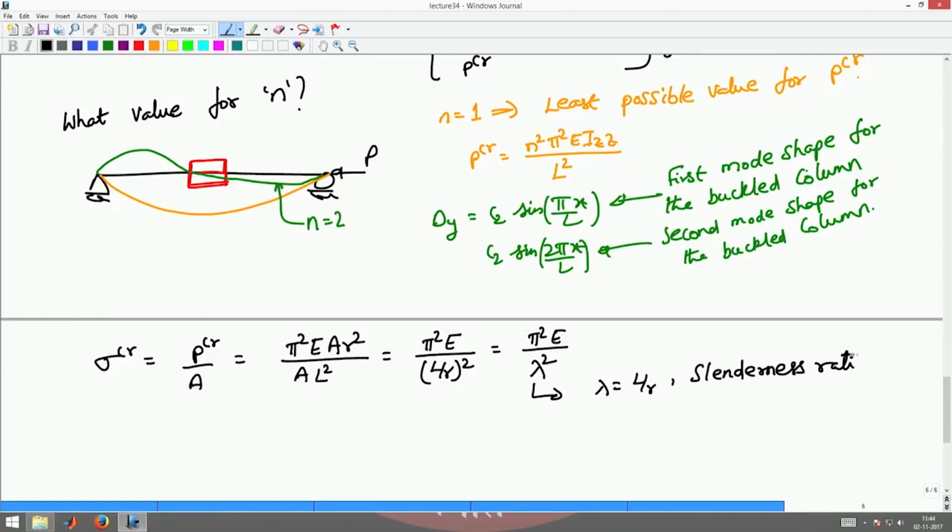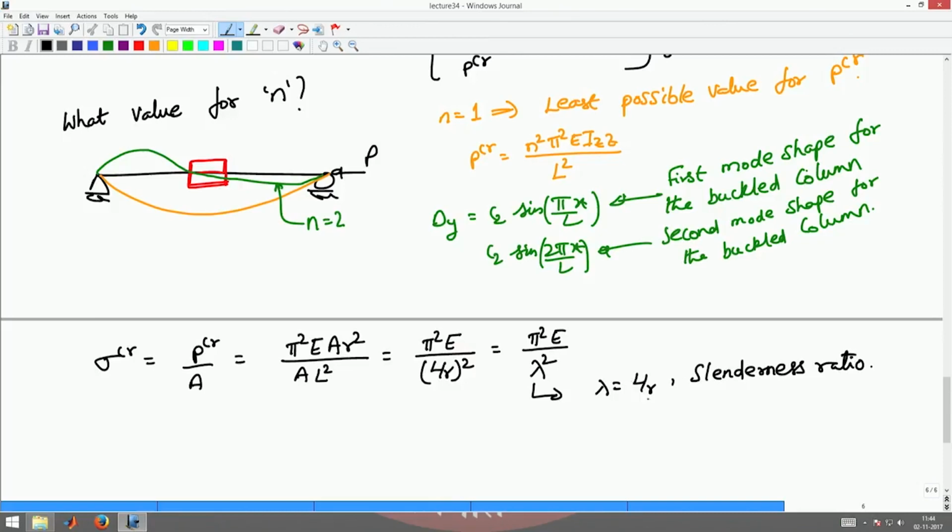I was telling you at the beginning of the lecture that if the beam is slender, if it is not stout, then it will fail by buckling, right. So, this is a measure of the slenderness, okay. This is a measure of that slenderness, which is length by the radius of gyration of the cross section, okay. To be more specific, this is the radius of gyration of the cross section in the z direction. So, let us say r_z, okay.